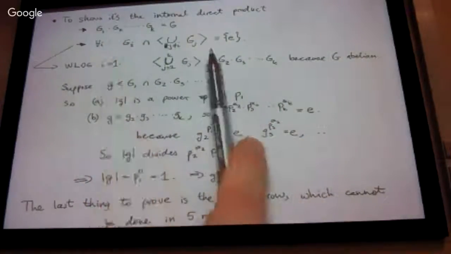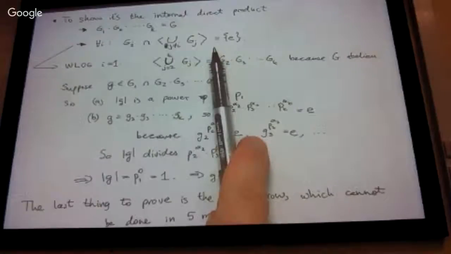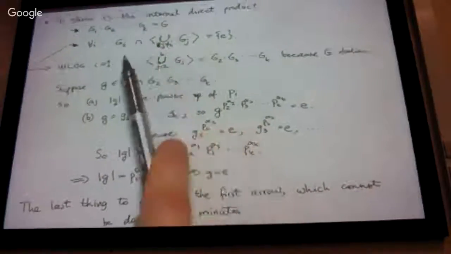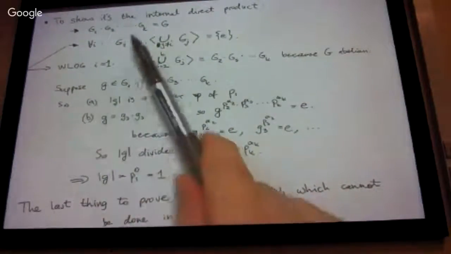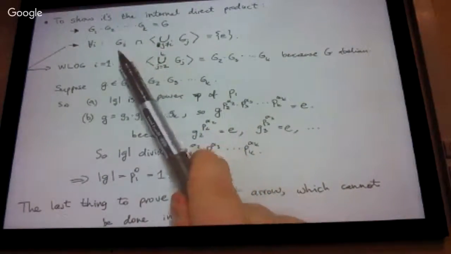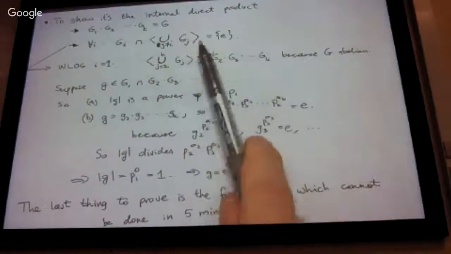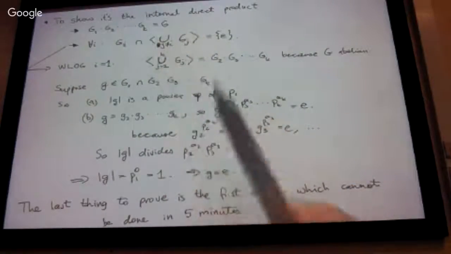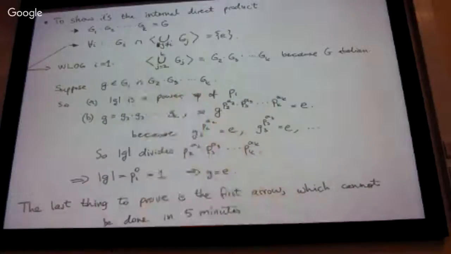And the second thing is a kind of disjointness condition. These subgroups Gi are kind of independent. When you look at any one of those subgroups and you look at all the other elements that have nothing to do with Gi, then the only thing you can get in the intersection is the identity.